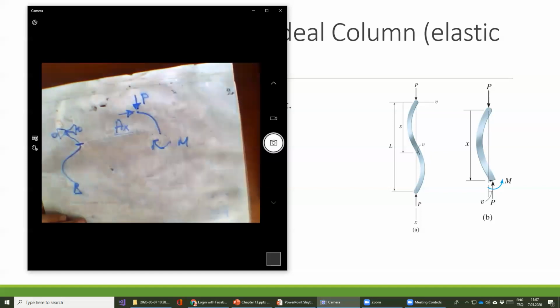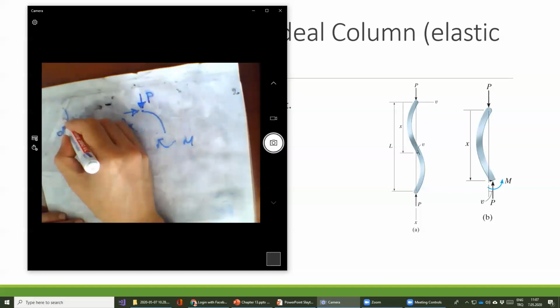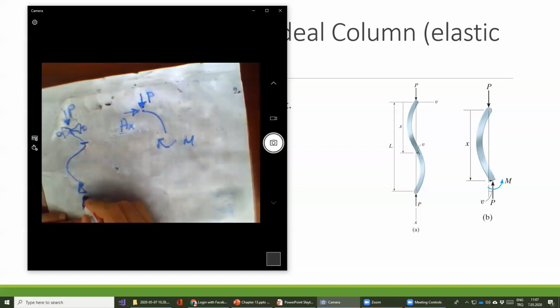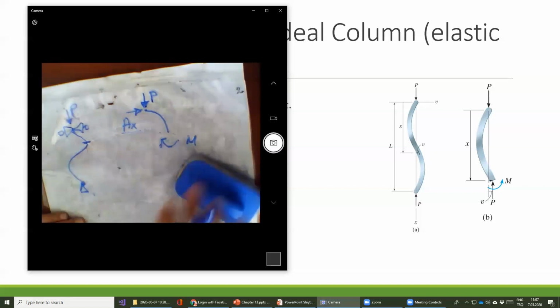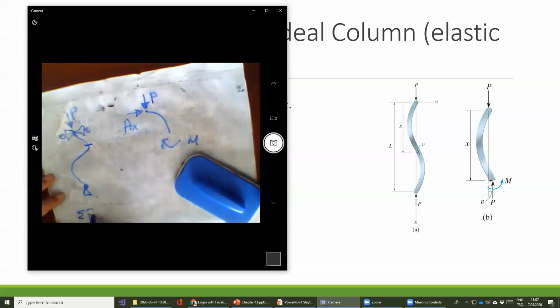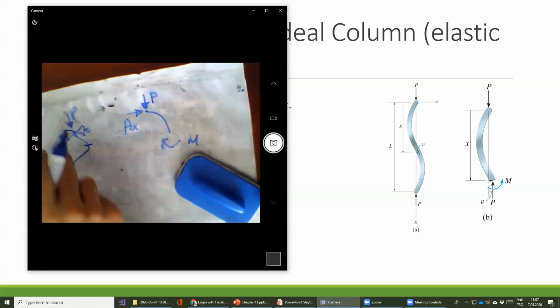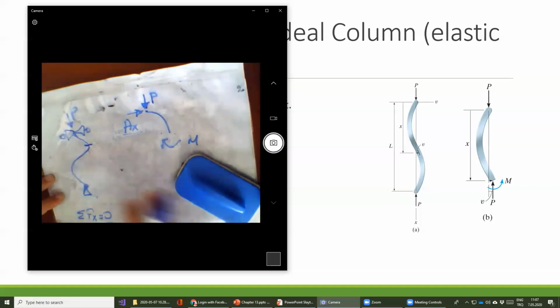First of all, I try to find AX. We have a point load here. If I write sigma Fx is equal to 0, there is no horizontal force available in this system.